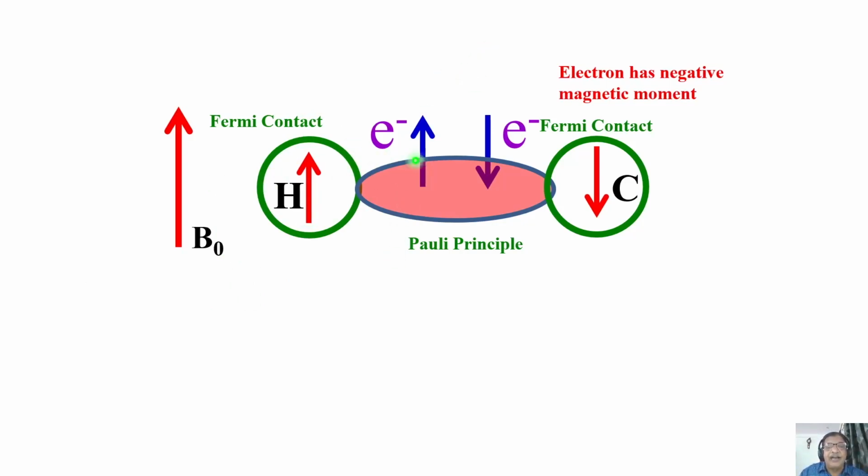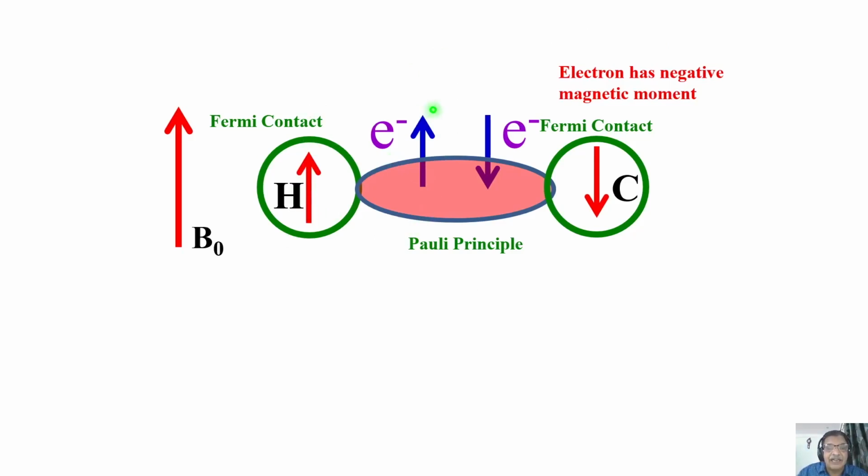But the question is, why did I write parallel to this? Remember, even though I have drawn it like this, it is the lowest energy because the electron has a negative magnetic moment. Please understand, the electron has a negative magnetic moment. As a consequence, even though these two are drawn parallel, it is the minimum energy.